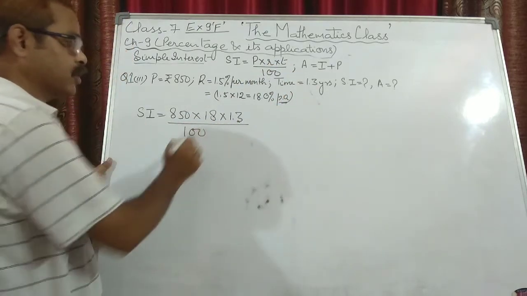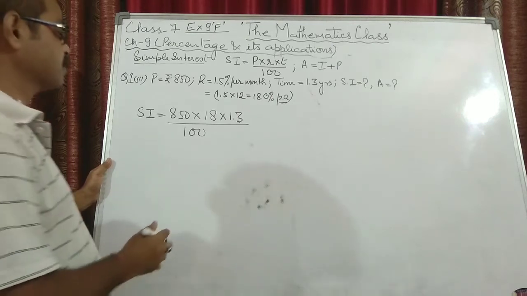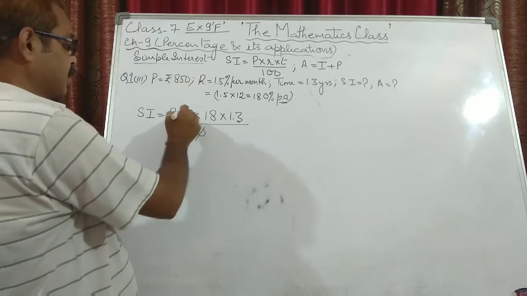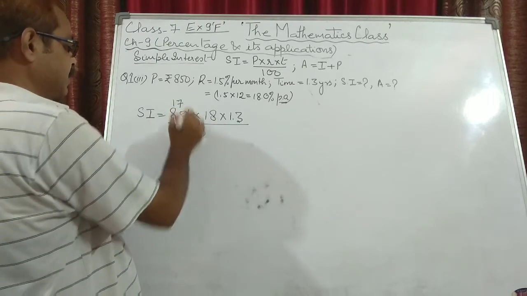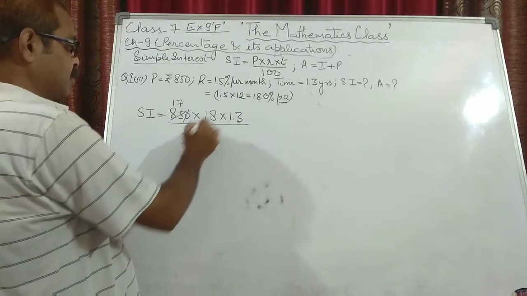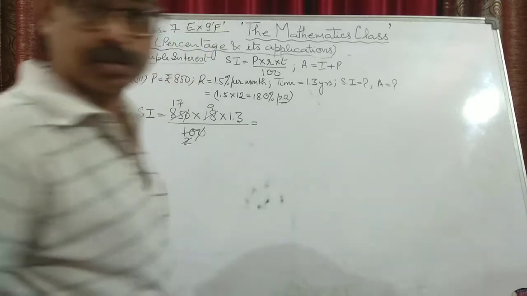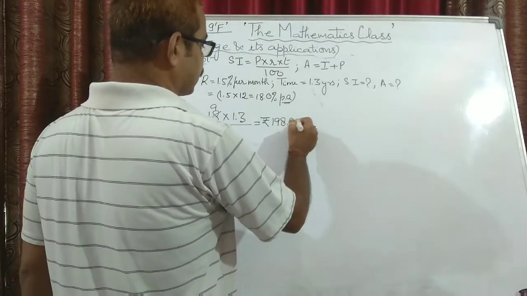Why upon 100? Because rate is always in percentage, so it is upon 100. So 0 and 0 cancel, 5 ones are 5, 5 sevens are 35, 5 twos are 10, 2 nines are 18. It means 17 into 13 into 0.90.